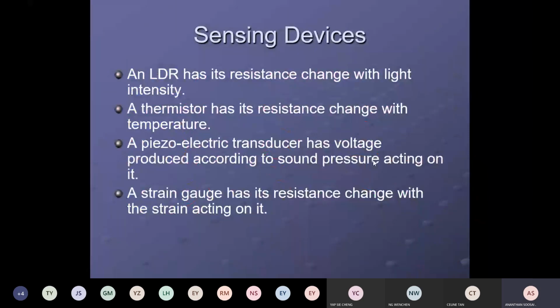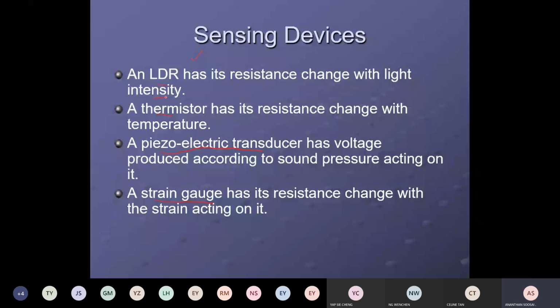The sensing devices in your syllabus, which sense the environment, are the LDR, the thermistor, something new, the piezoelectric transducer, and the fourth one, the strain gauge. The LDR measures intensity of light.